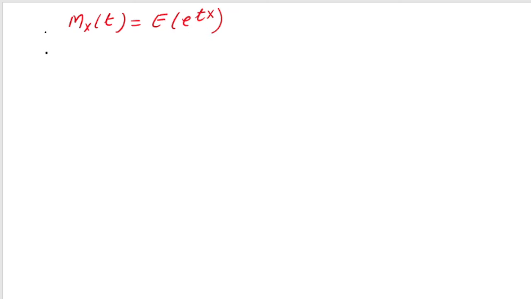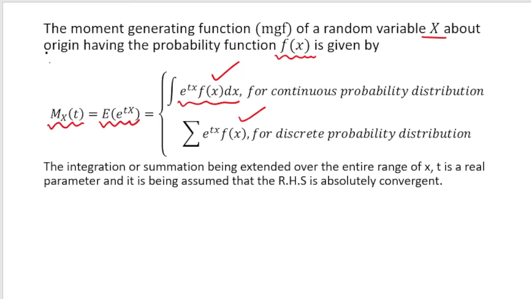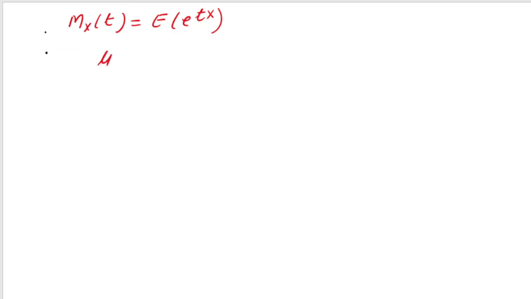I think you must have seen earlier that moments of any random variable x about origin are represented as mu r dash, and mu r dash is nothing but the expectation of x to the power r.